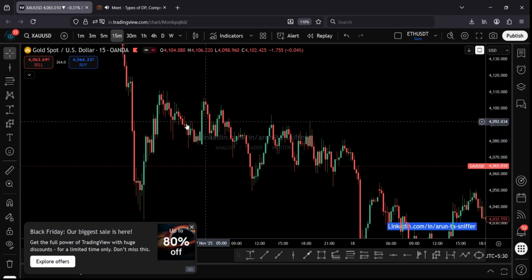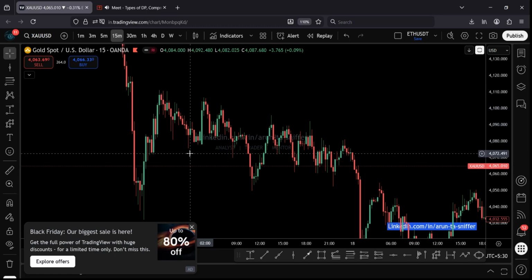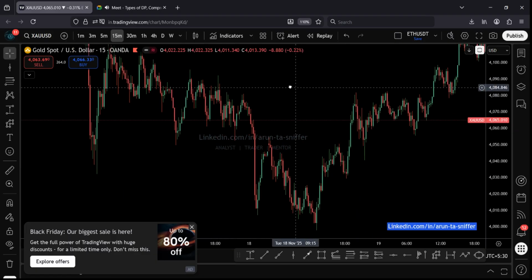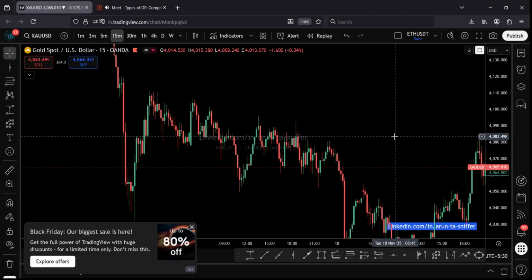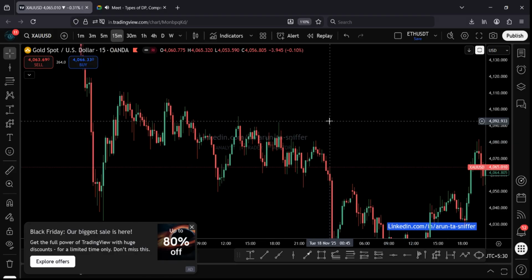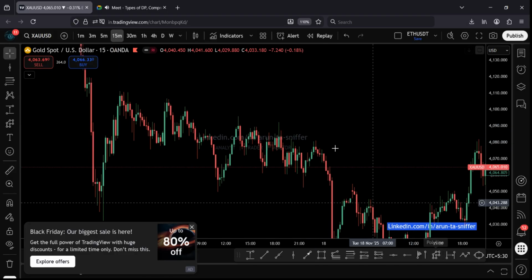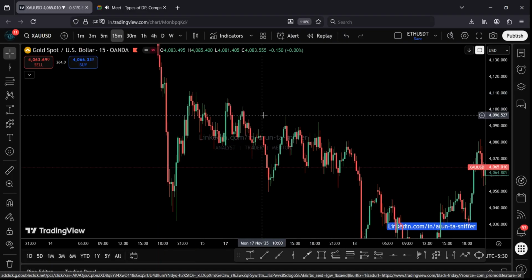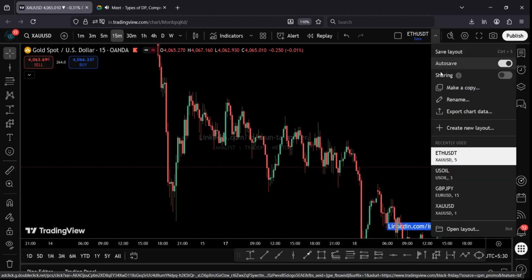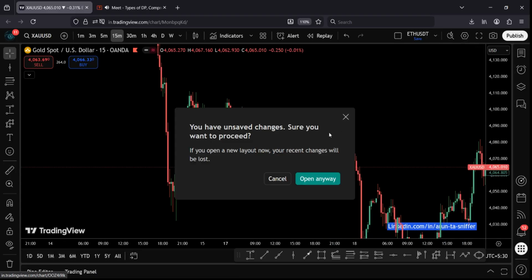At this area, price came here, the price moved like this. Or better take another chart, and so that will show you much more clear way.